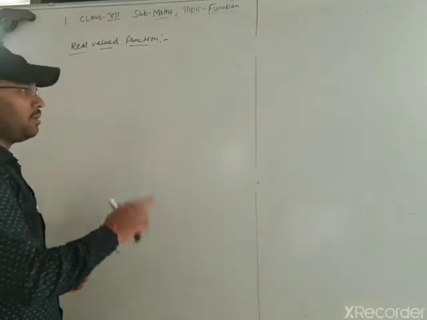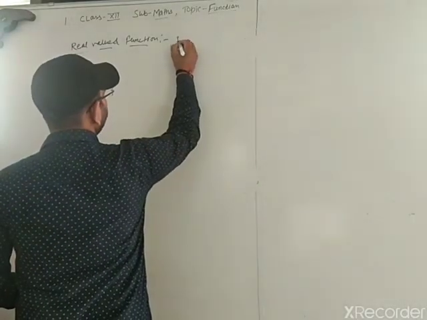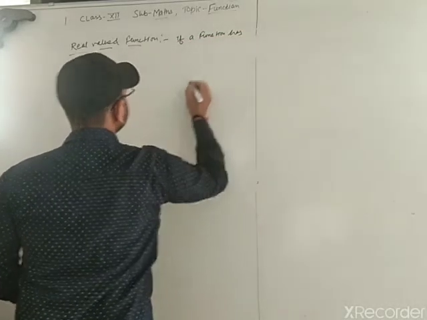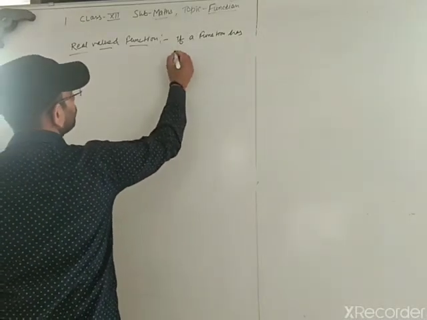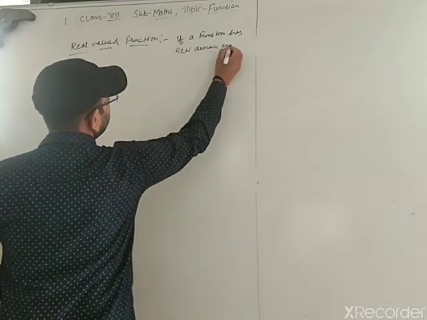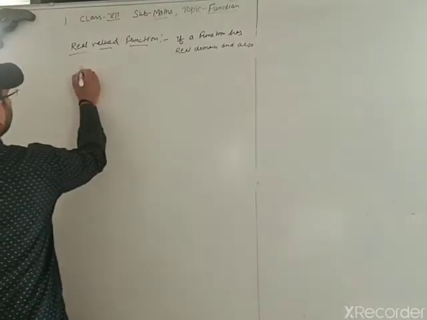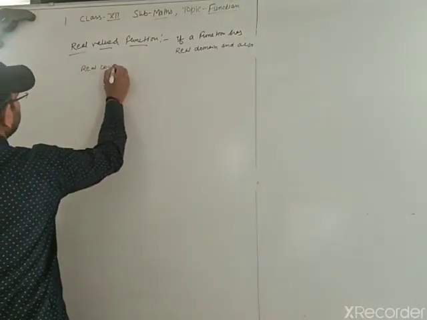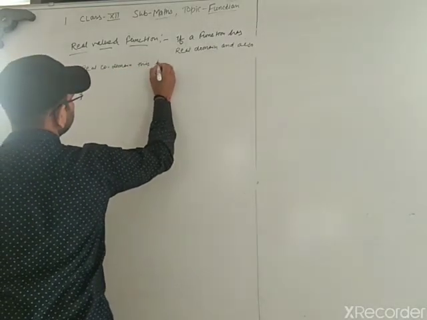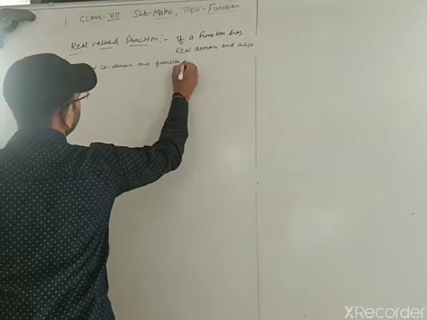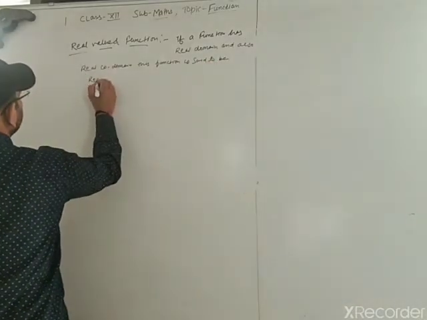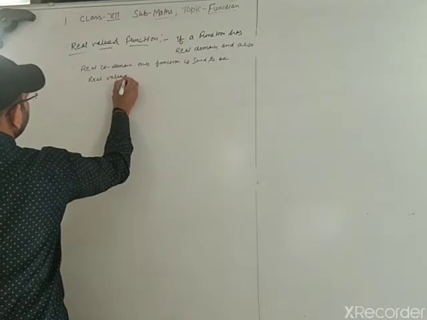If a function has a real domain and also a real codomain, this function is said to be a real valued function.